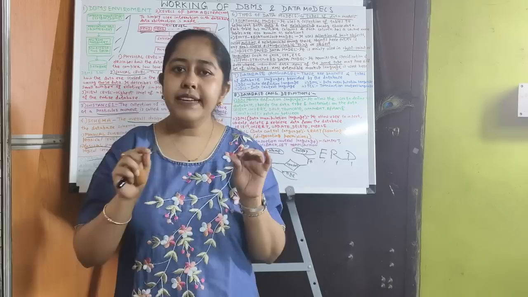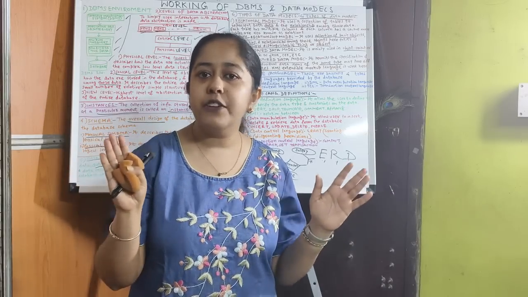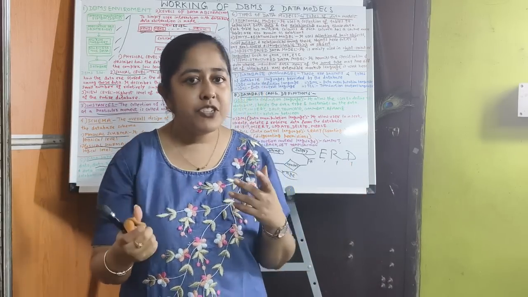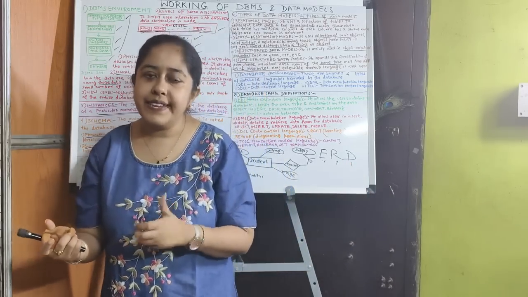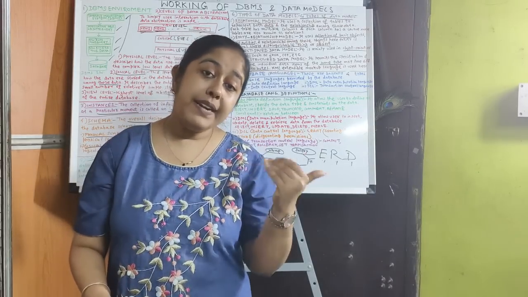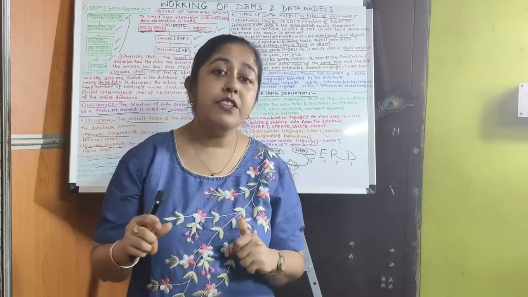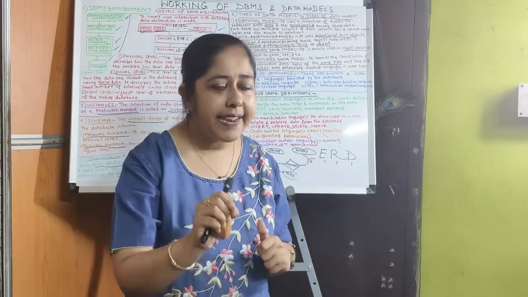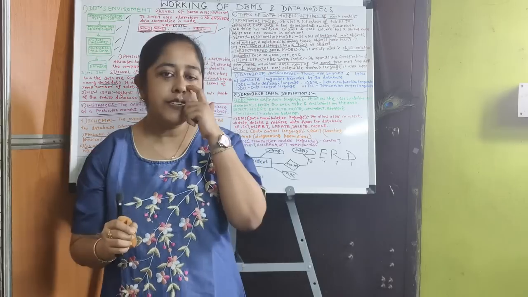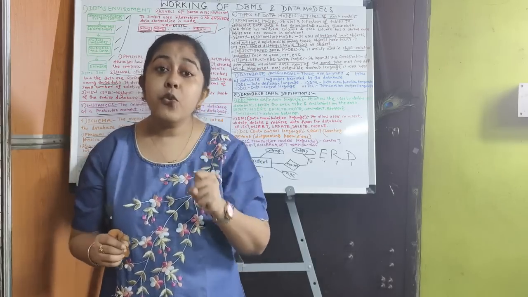Data definition means giving the definition of your particular data. Manipulation is for manipulating the data, adding, deleting, anything. But controlling is that power which mainly lies in the hand of the administrator, that is your data administrator. He is controlling the power.